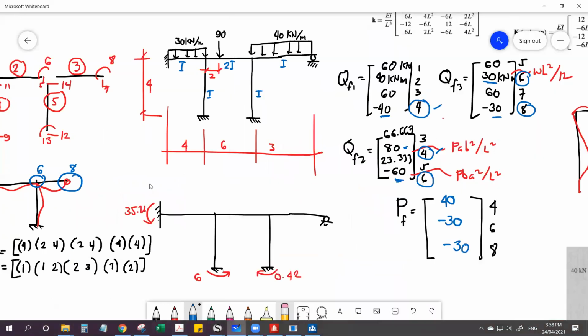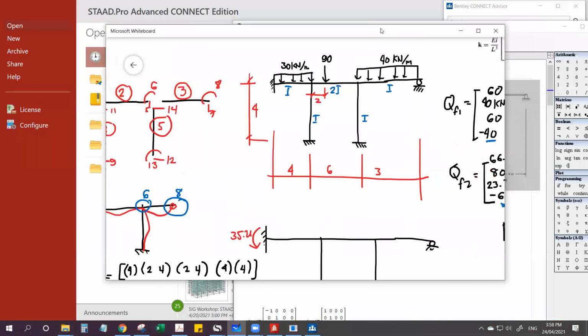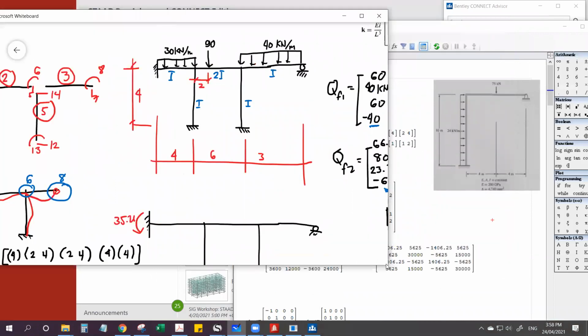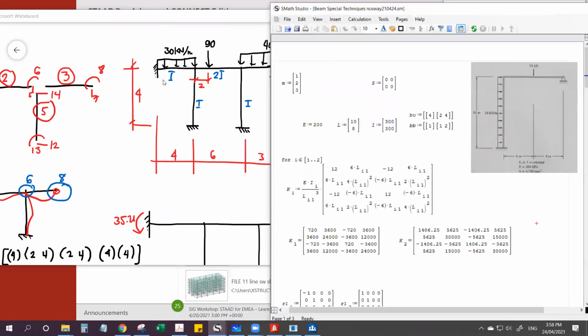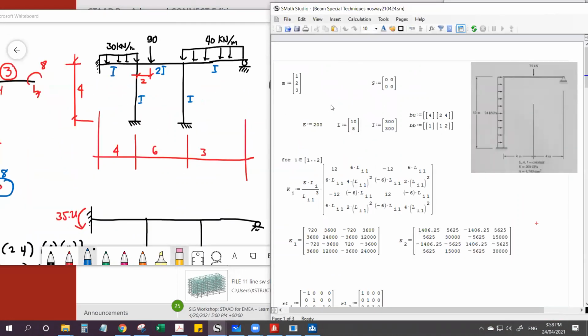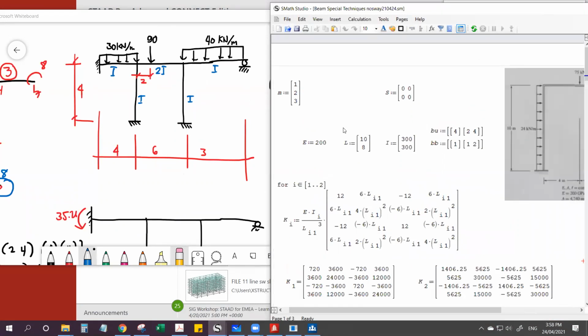So we have, let me minimize this. One, two, three, four, five. So we have 5 members. Okay. So I'll be expanding this to 5 data. 2, 3, 4, 5.